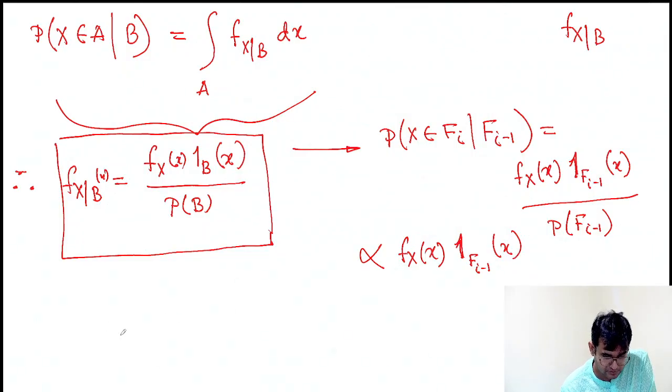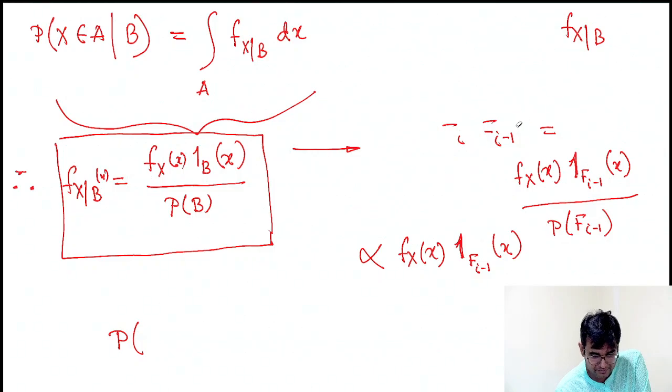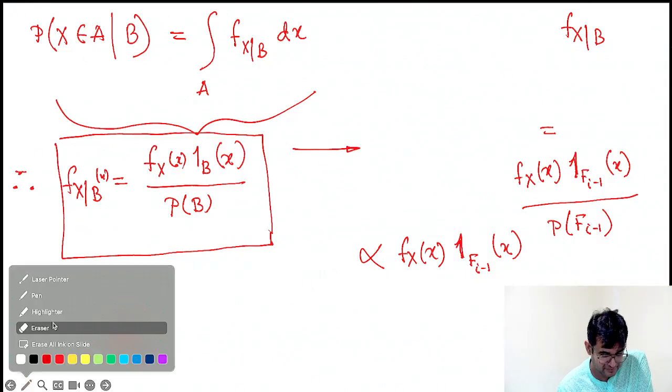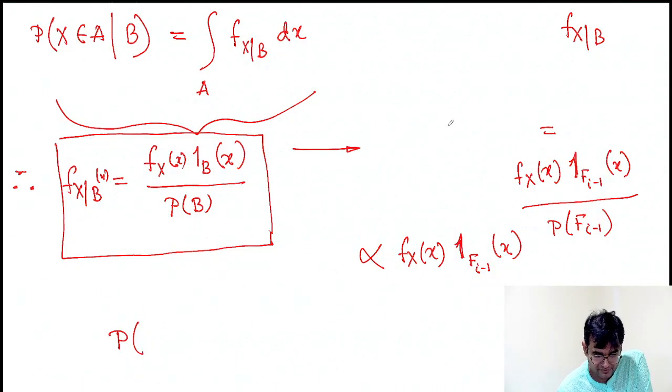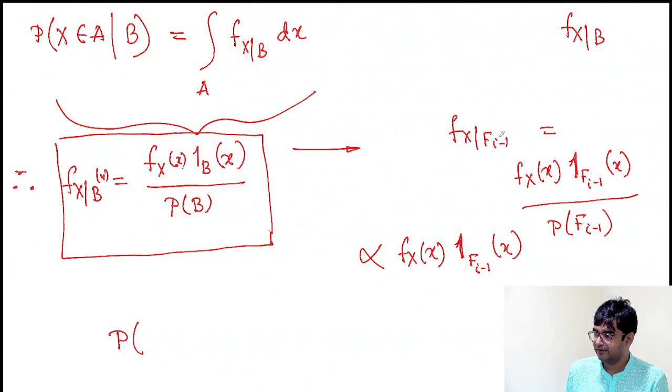Okay, I wrote something wrong. This is wrong. This is not the probability, this is the PDF. Look at the left hand side. This is f of x given F_{i-1}, it's the PDF.